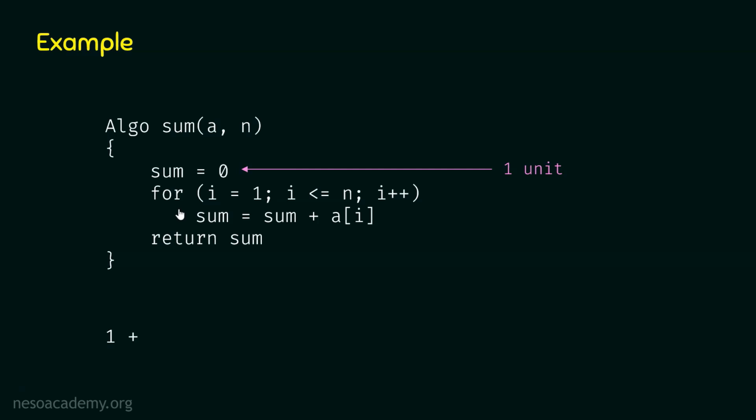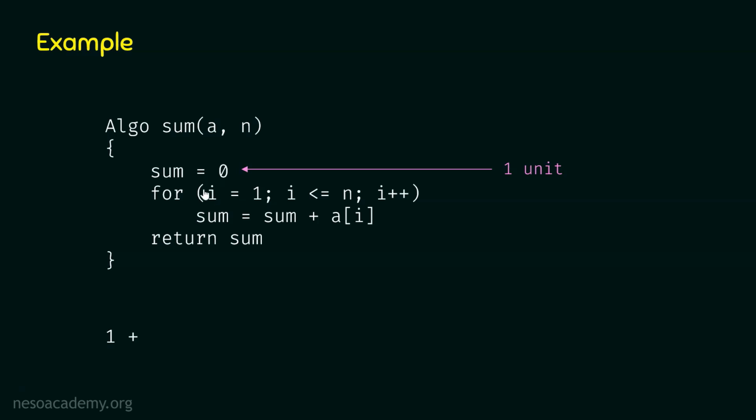A for loop allows us to execute instructions a certain number of times. This loop will allow us to execute this instruction, which is part of the for loop, a certain number of times. In this for loop, we have this instruction I equal to 1.